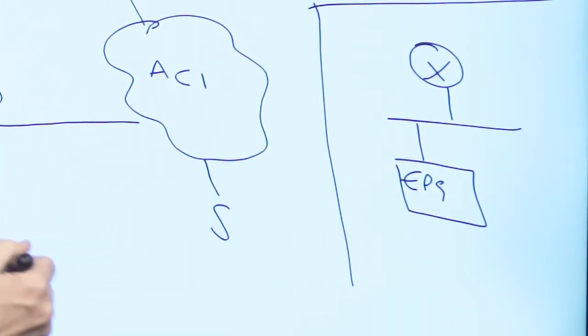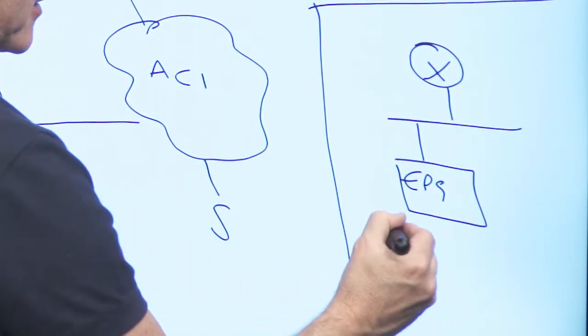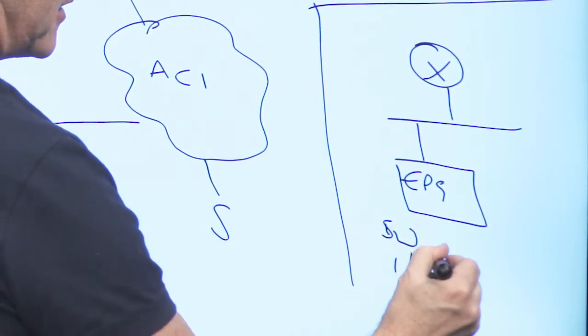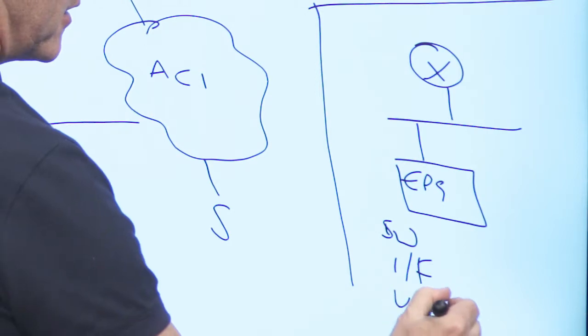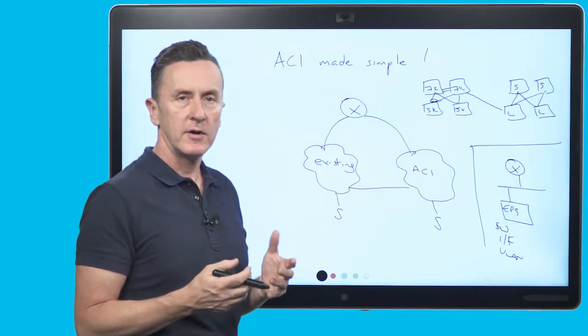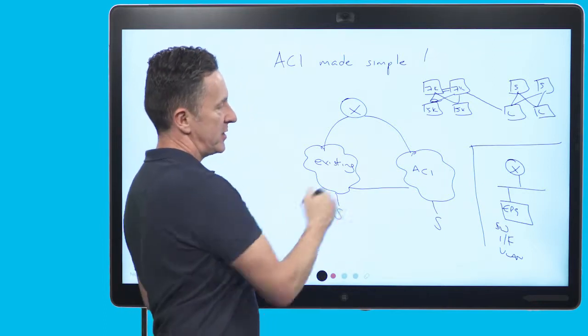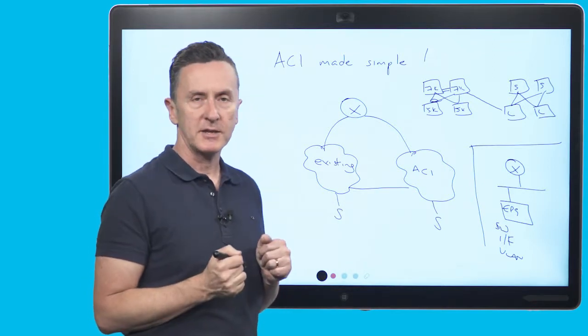And this EPG simply contains the interfaces, so the switches, the interfaces, and the VLAN that goes to my old network. So it's very, very simple to do. I just build this EPG, tell it which interface, and I've got connectivity to my legacy infrastructure.